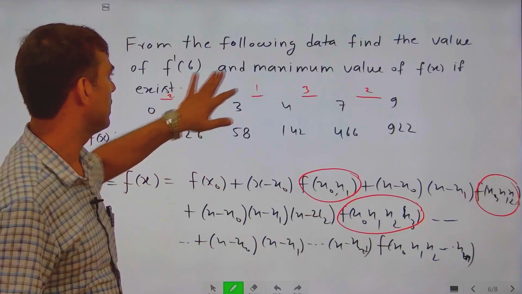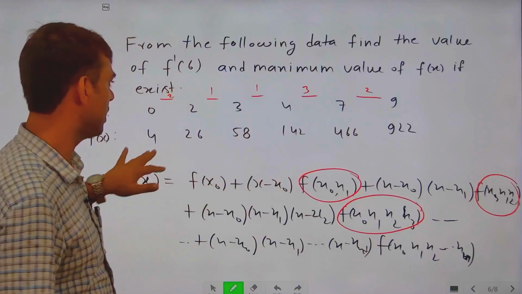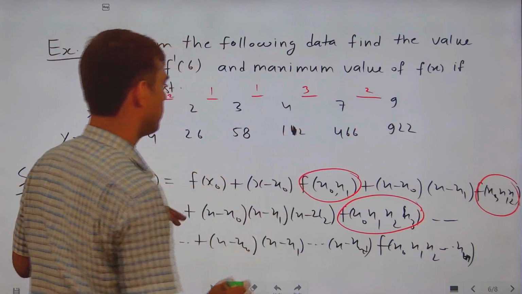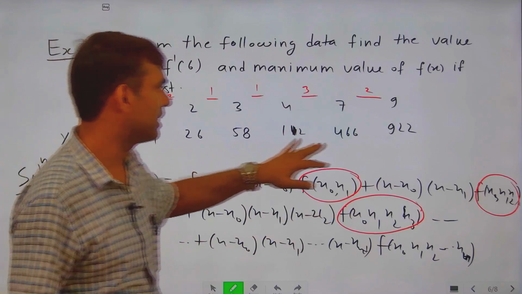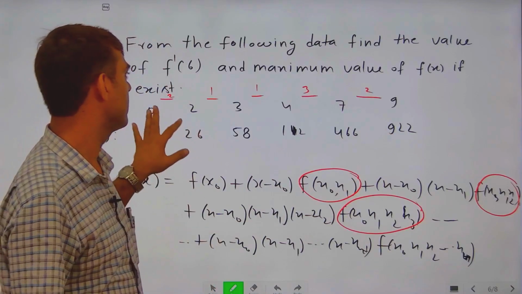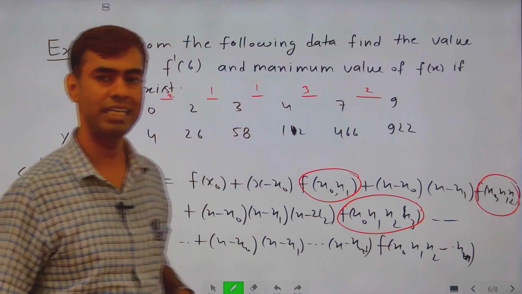So the maxima value does not exist in 0 to 9. If we closely observe, the values are 1, 1, 2, so this is an increasing function. So the maxima does not lie in this interval, 0 to 9.